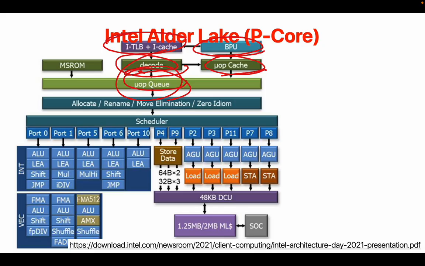And then you will see there is a renaming stage here. And allocate means that I'm allocating a reorder buffer entry for it. And you might see move elimination and zero idiom. Right now, x86 processors are highly optimized in a way that they check the memory dependencies between instructions.